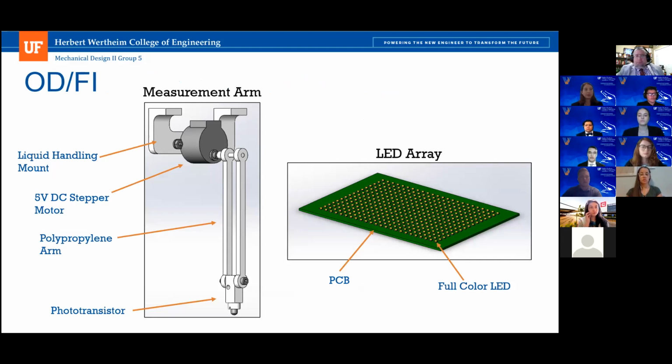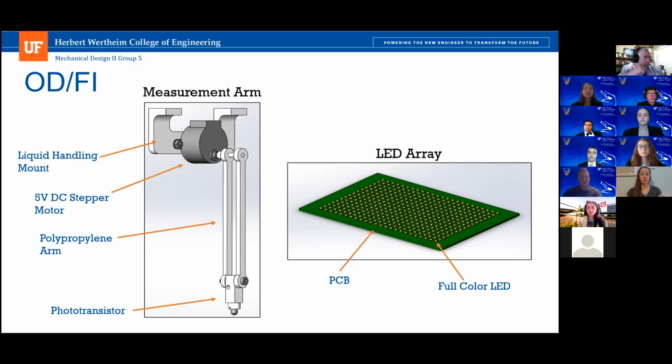So first, starting with the measurement arm, the measurement arm itself will be mounted to the liquid handling subsystem. And so therefore, there will be 2 of them in our final design, 1 for each chamber. And the reasoning behind choosing to mount it on the liquid handling is that the liquid handling system has to reach every well plate and every tube.